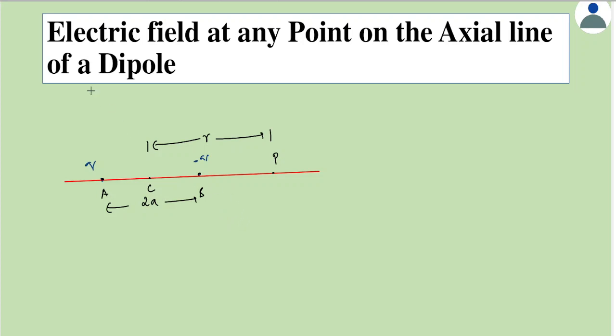Since it is a negative charge, the field because of the minus q would be towards the charge like this, and I call this E suffix minus, because it is the field because of the minus charge. Now this E minus in terms of magnitude is given as k into charge magnitude over distance square, that will be BP the whole square.